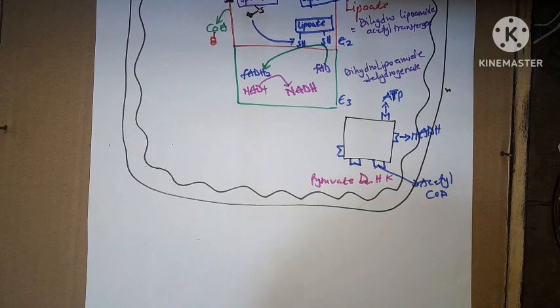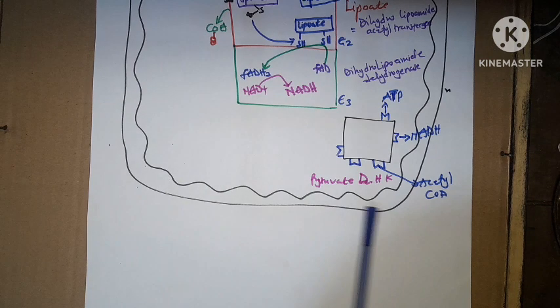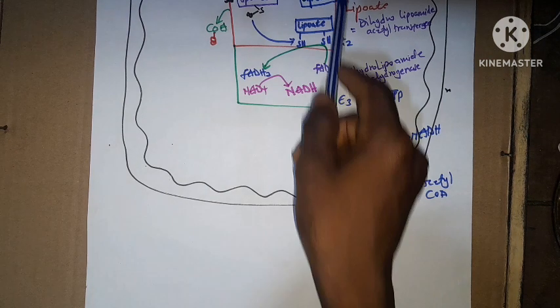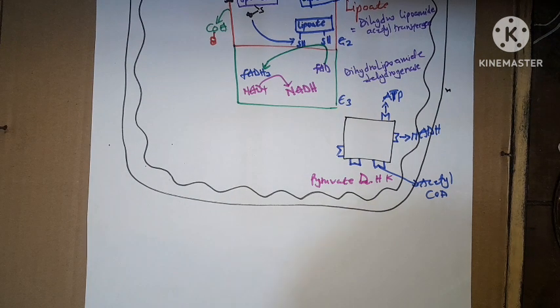High ADP will inhibit this enzyme from phosphorylating enzyme 1 in order for enzyme 1 to make more ATPs.